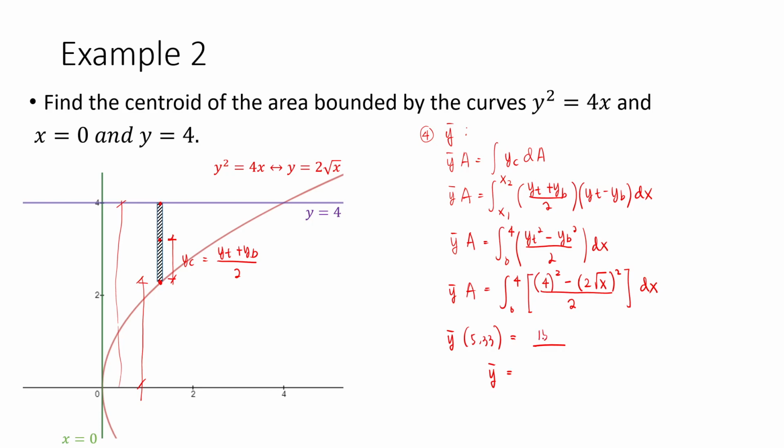So this is 15.99. Then your bar y is 3 units. Alright, so that will be for the vertical strip.